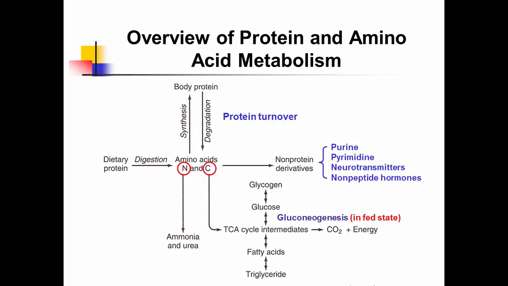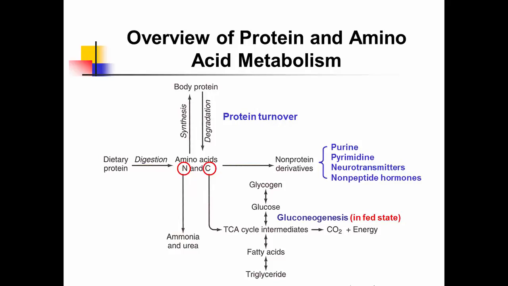So here I just want to mention that the gluconeogenic pathway can also be activated in the fed condition. We learned in carbohydrate metabolism, right? You always connected gluconeogenesis to the fasting condition, right? But actually in the fed condition, the gluconeogenic pathway, particularly involving the TCA cycle, can also be activated.